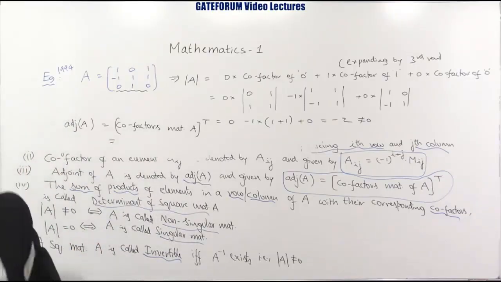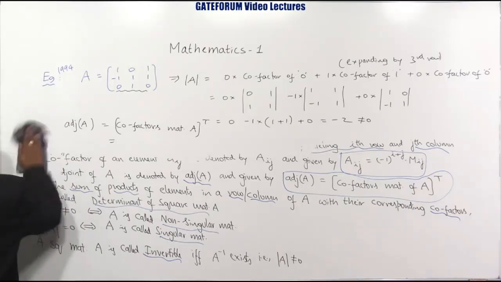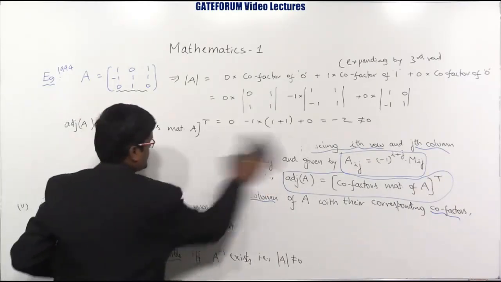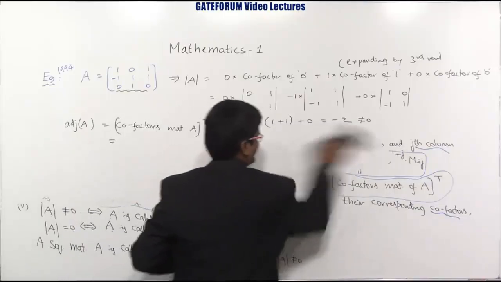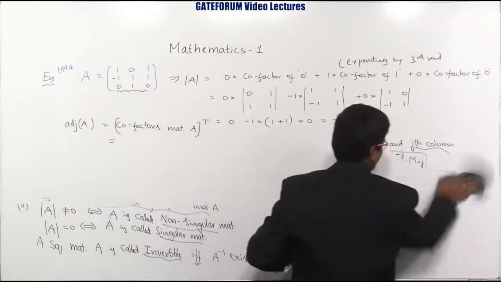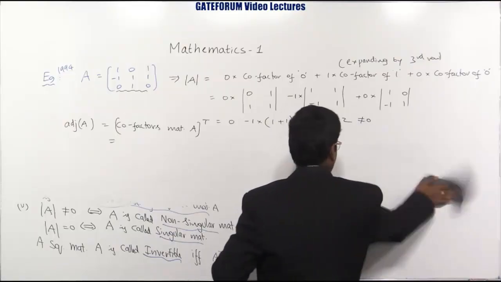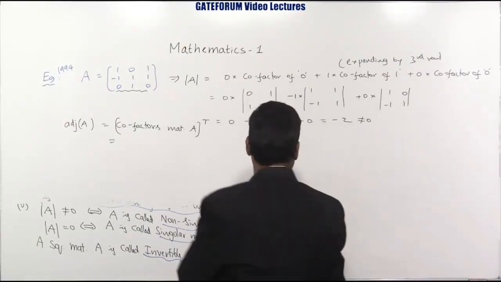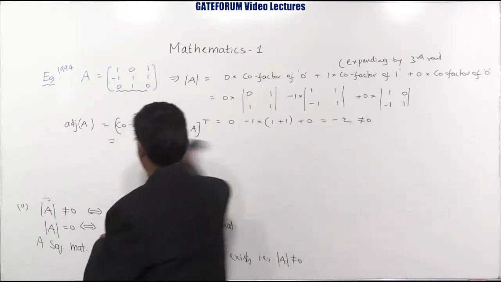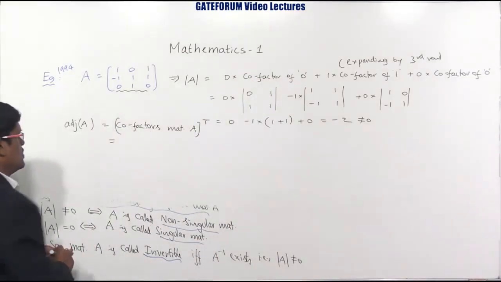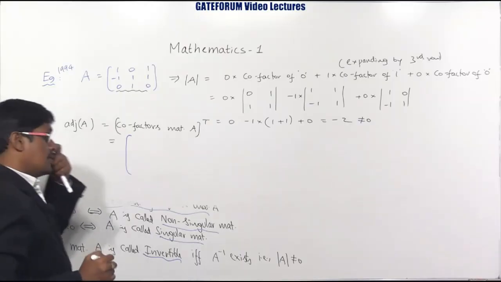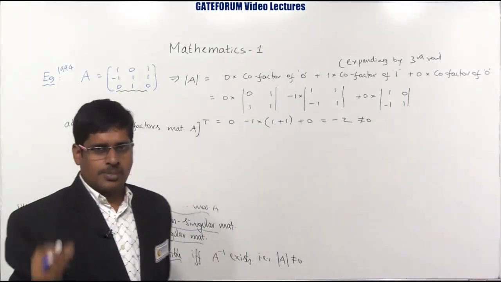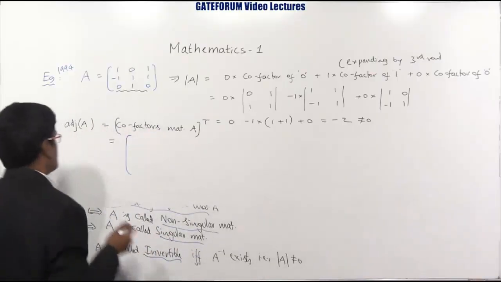Cofactors matrix means, you know the definition of cofactor: minus 1 whole power i plus j into the minor of that element. That is the proper sign multiplied by the minor.